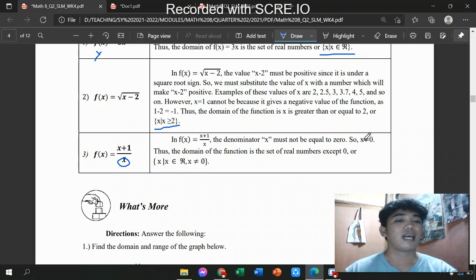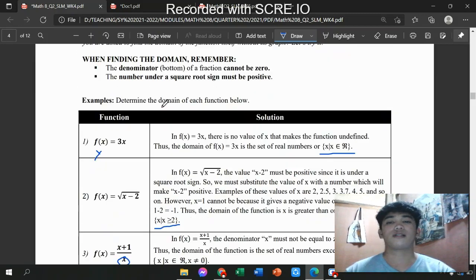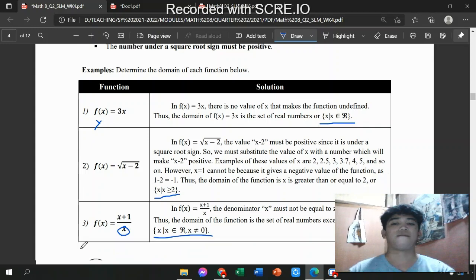So x is not equal to 0. Thus, the domain of the function is the set of real numbers except 0. Or x such that x is an element of the set of real numbers and x should not be equal to 0. So ngadto ra pagpangita sa domain if functions ang given dili graph.